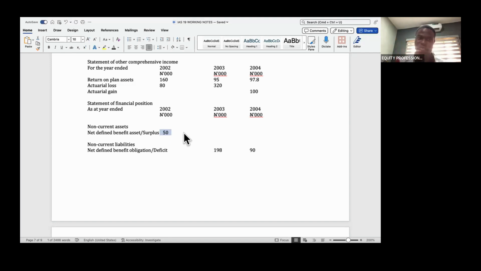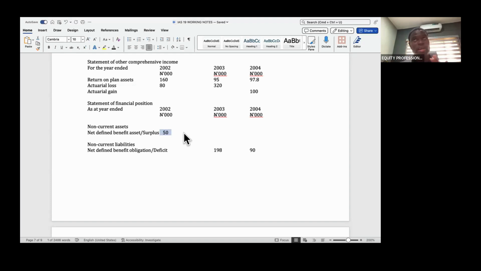You're expecting something worth 50. So in this scenario, where the way this 50 was determined is by comparing a plan asset to an obligation, you now got 50. Don't just put 50 in your books for putting sake. Can you actually get 50 back? And how can you get 50 back? Hypothetically in this case, two ways.